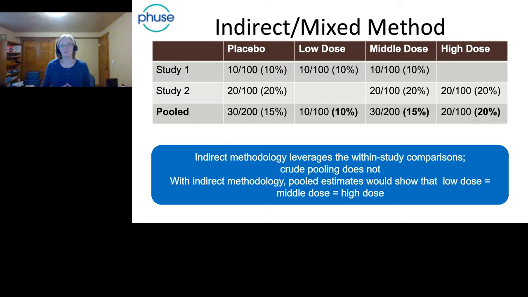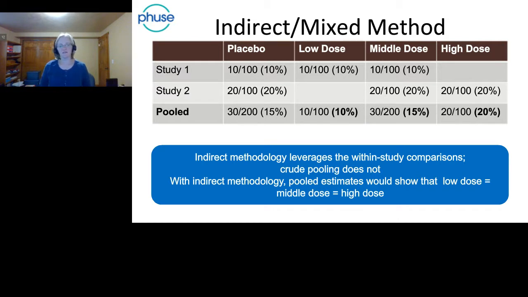What indirect and mixed methodology does for you is incorporate your study into how you conduct your statistics. So you're pooling estimates, right? After using this methodology, you would get that placebo, low dose, middle dose, and high dose are all the same, right?